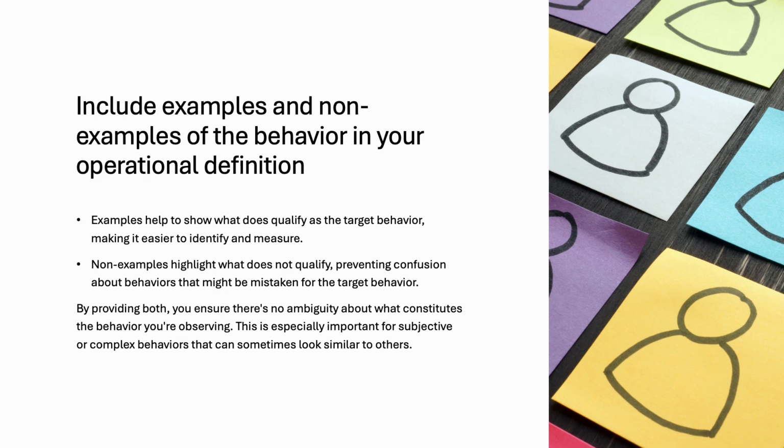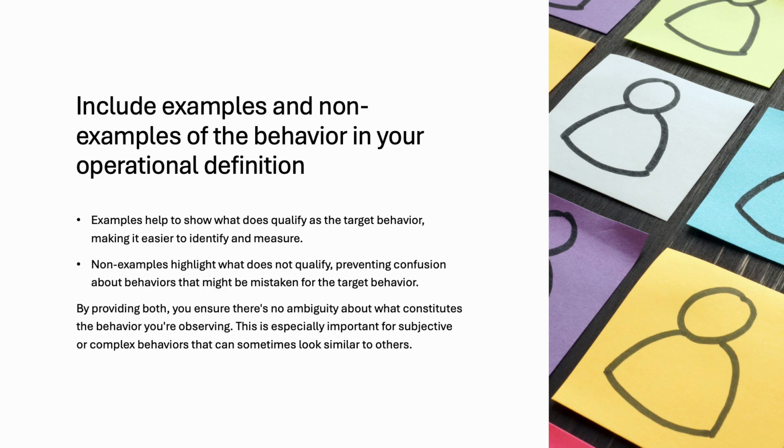In your examples, you're going to include exactly those situations, contexts, environmental variables in which the behavior should be counted. You're basically explicitly saying, under these contexts, you should count this as an instance of the behavior.